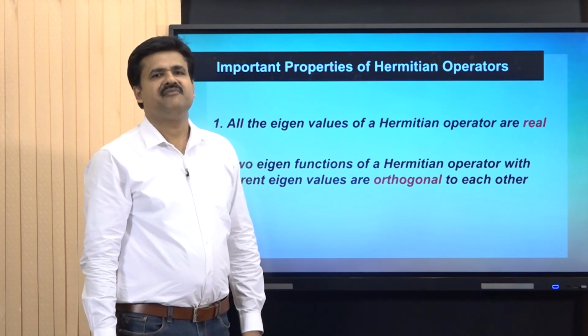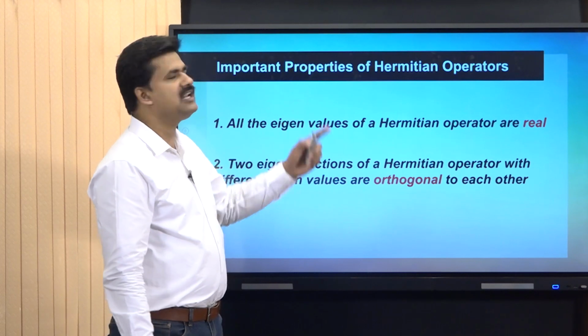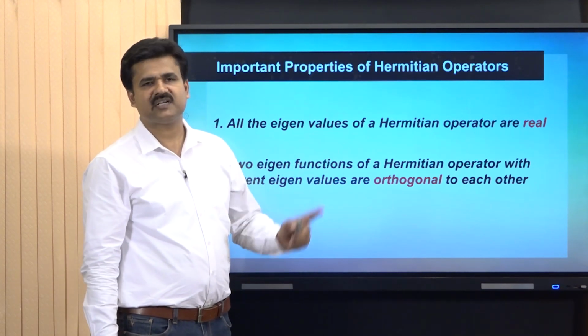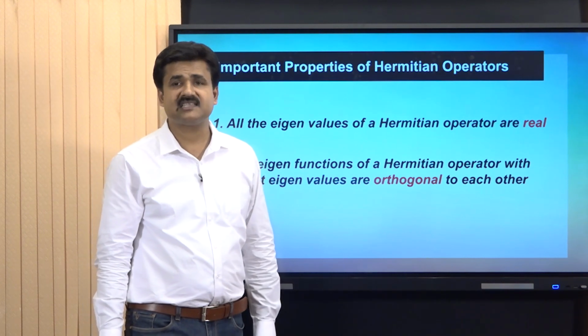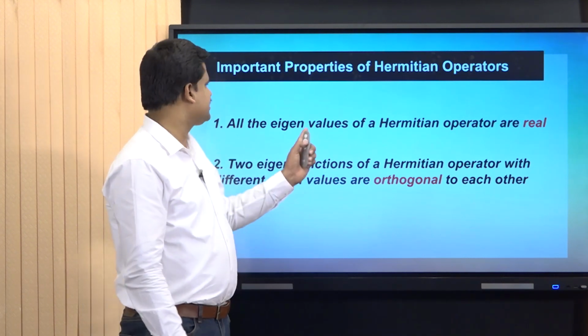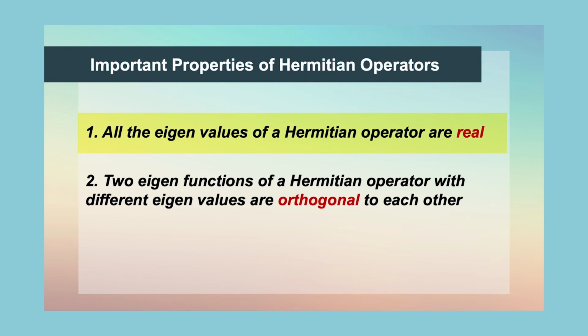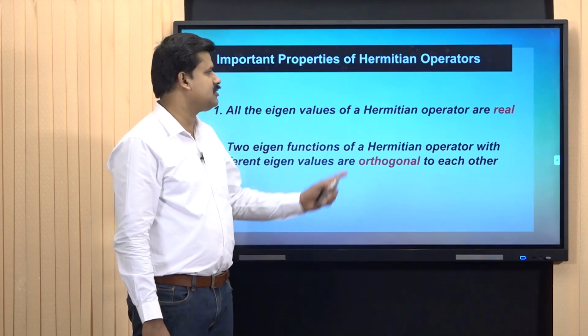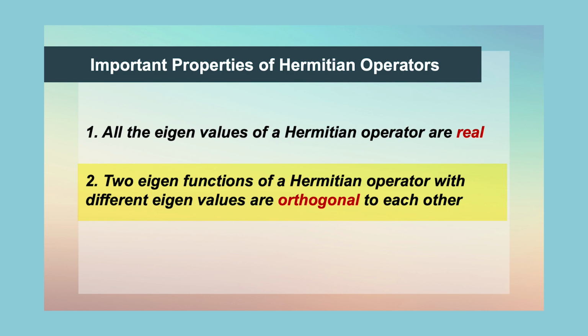Now, we are moving on to the final portion of the discussion, that is, important properties of Hermitian operators and their proof. First one, all the eigenvalues of a Hermitian operator are real, and the second one, two eigenfunctions of a Hermitian operator with different eigenvalues are orthogonal to each other.